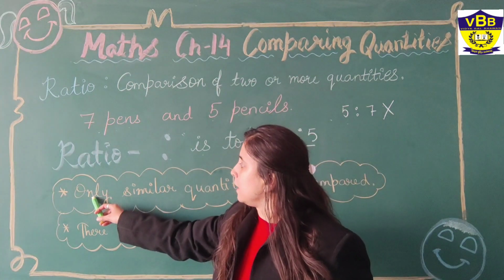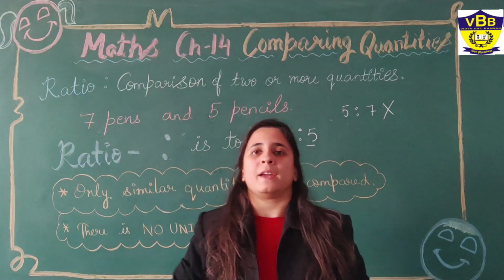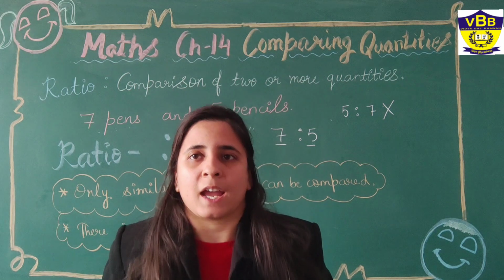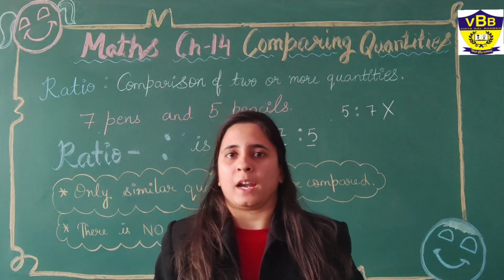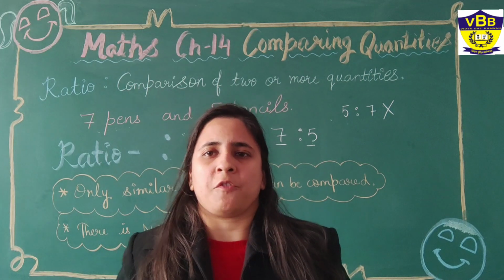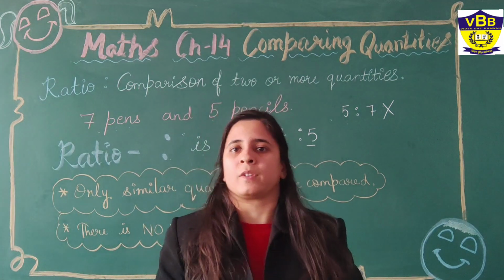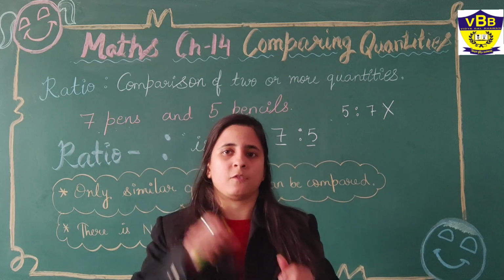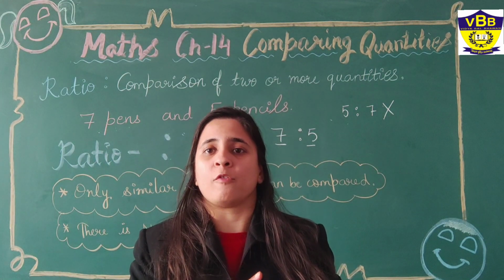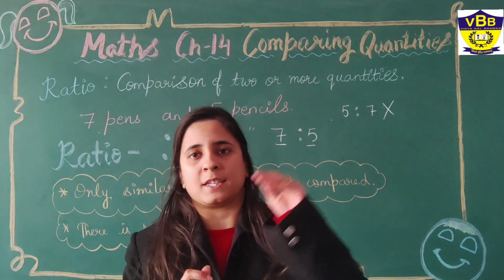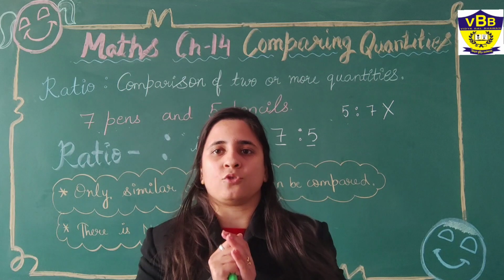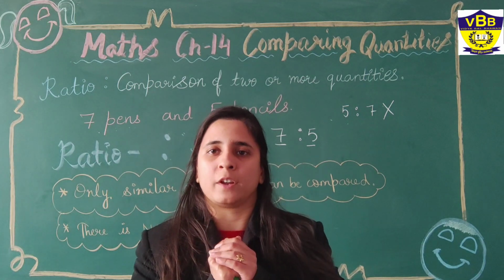Now next is that we can only compare two similar quantities. If I say that I went to a market and I bought 5 kg rice and 500 gram sugar, and I need to express it in the form of ratio, rice is bought in kg, whereas sugar I have bought in gram.